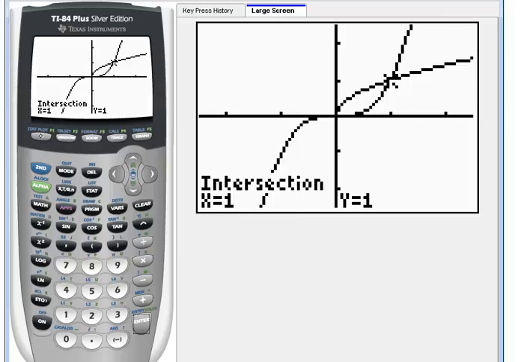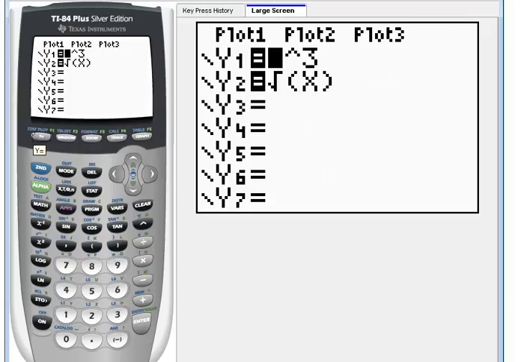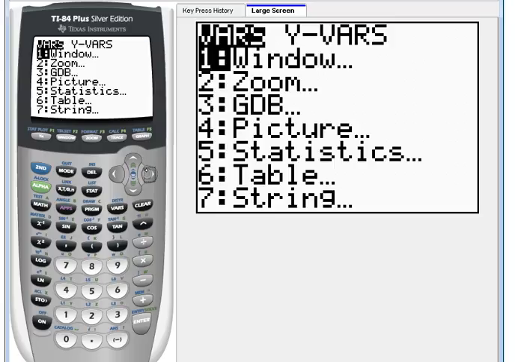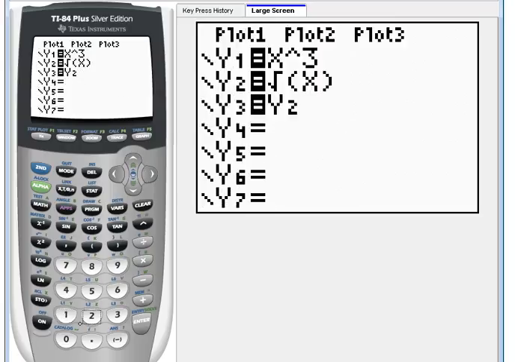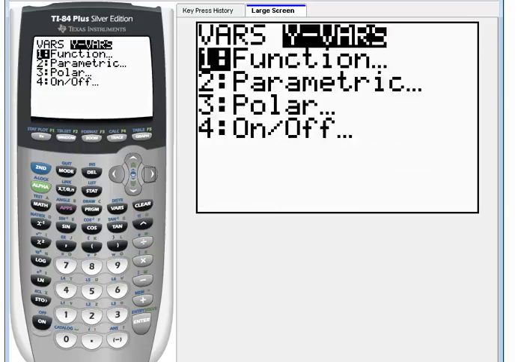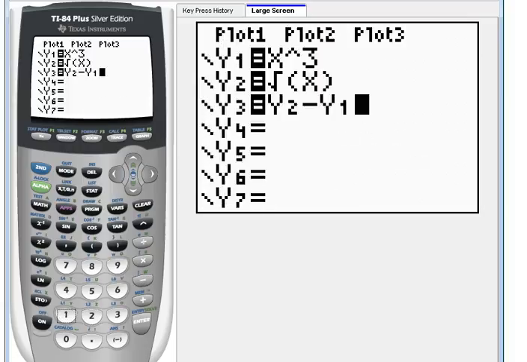So we're going to have to go back to y equals, and since we said the area was square root of x minus x to the third, rather than type that all in again, what I'm going to do is use y2 minus y1. So I go vars, y vars, function y2 minus vars, y vars, function y1.